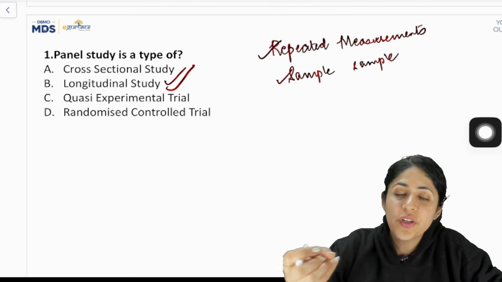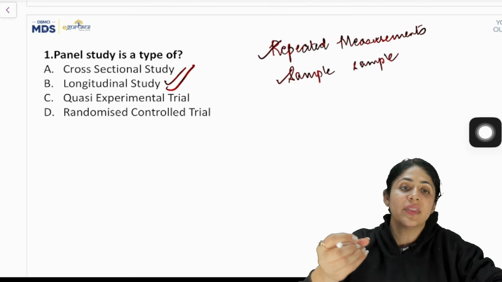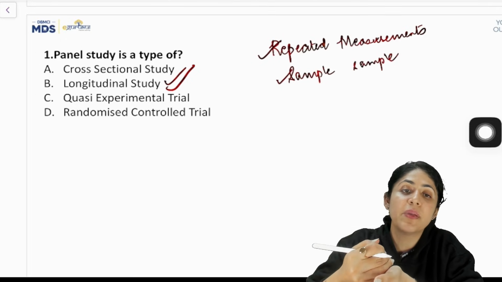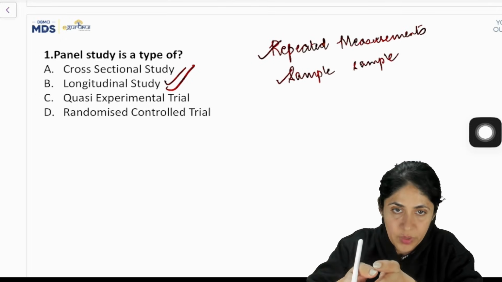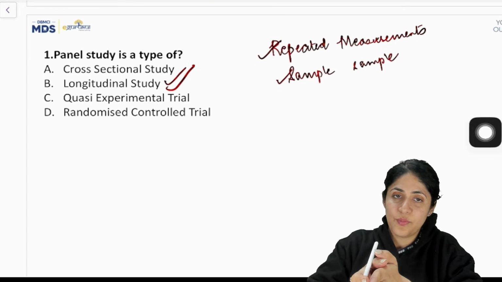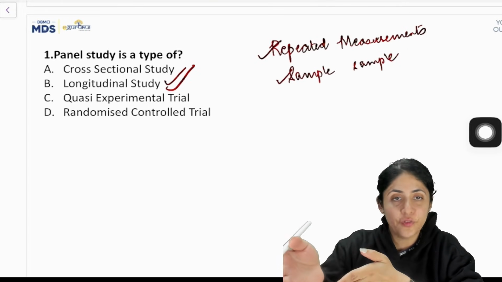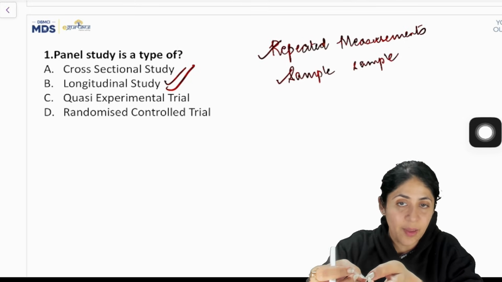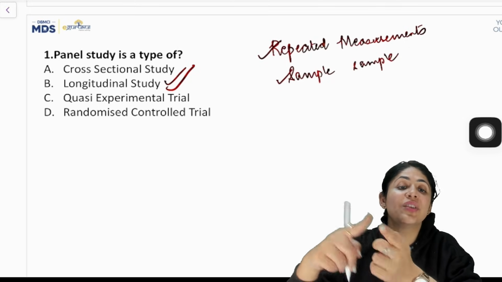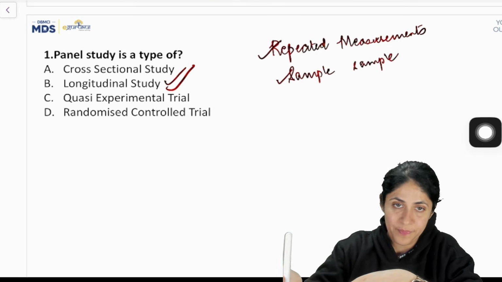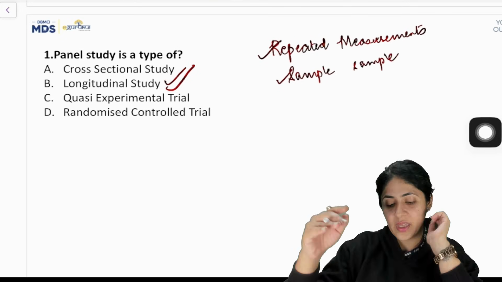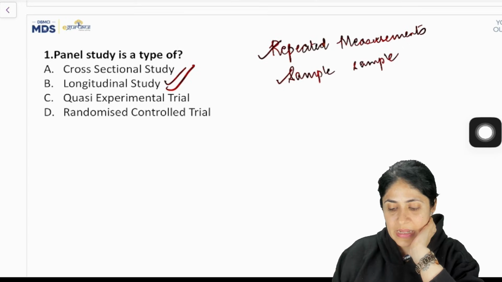That is the characteristic feature, because in a cohort study many times people drop out in between. But in a panel study the same subjects are followed for a long period of time and the subjects remain the same. So this allows the researchers to track the changes that have happened over time, and how certain variables evolve. So this is a type of panel study.